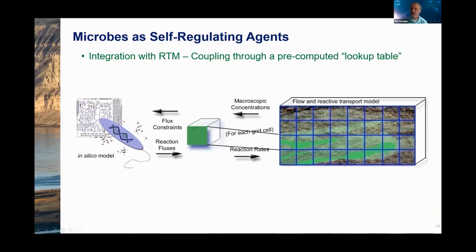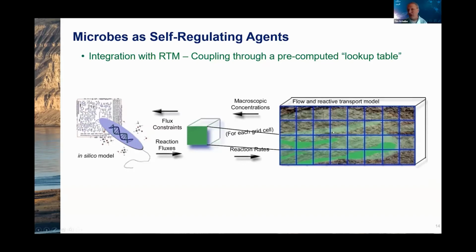Now you can imagine that if you have a large complex transport model with many time steps, you're going through this process and running this in silico model many times if you did a direct coupling. And so the way we actually did that is we pre-computed a lookup table for a range of concentrations of acetate, iron, and ammonium.